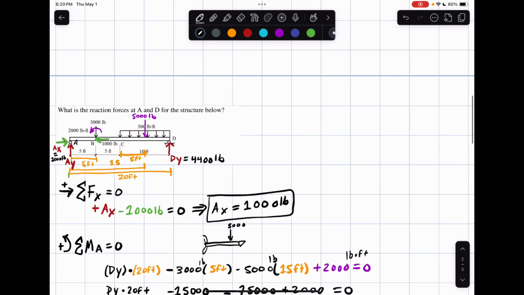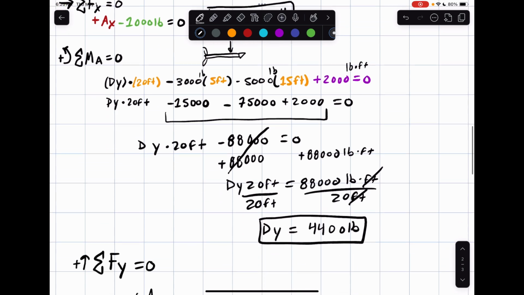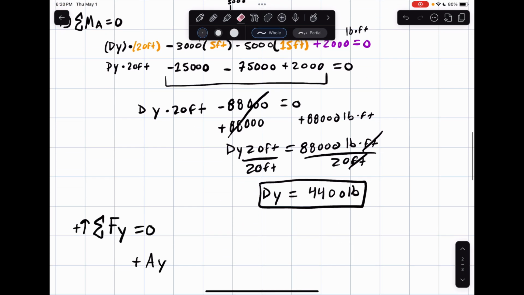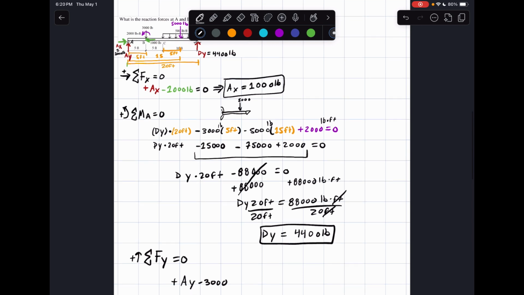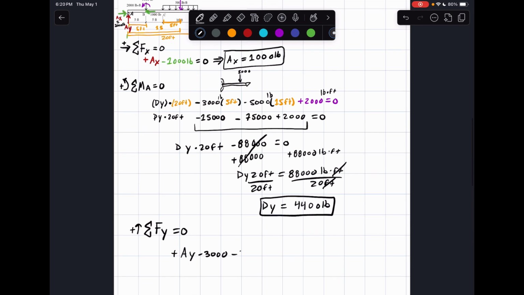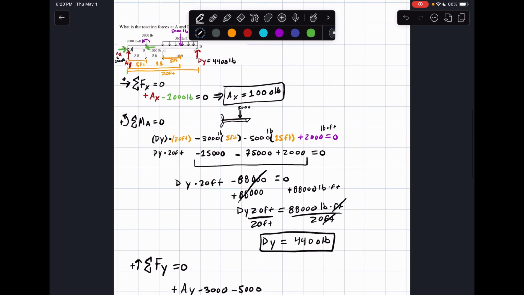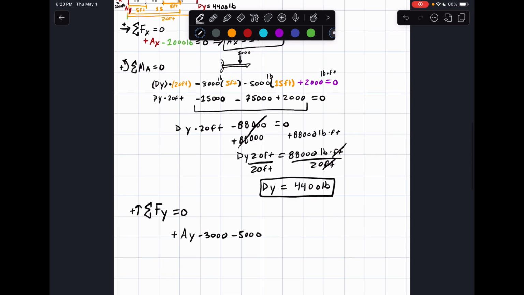Our next one is 3,000, and that's pointing down. So it's going to be minus 3,000, guys. Then next we have negative 5,000 because it's going down. And then we have dy, and that's going up. So that's positive.